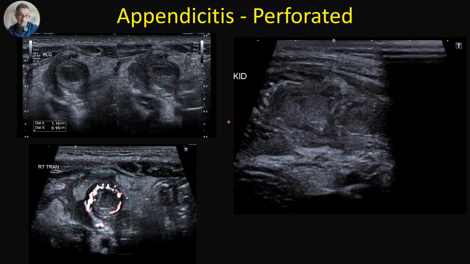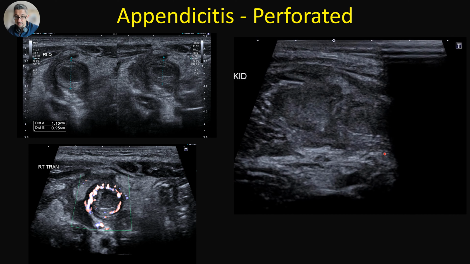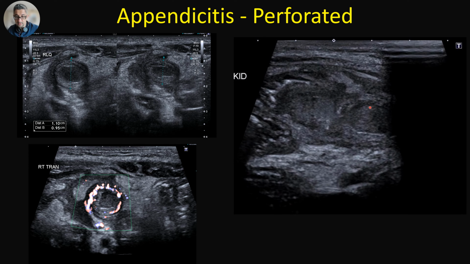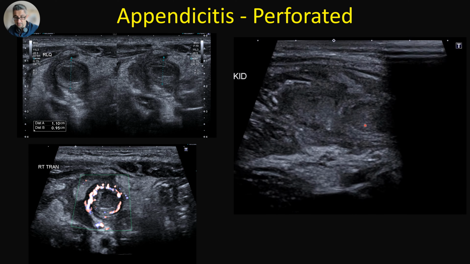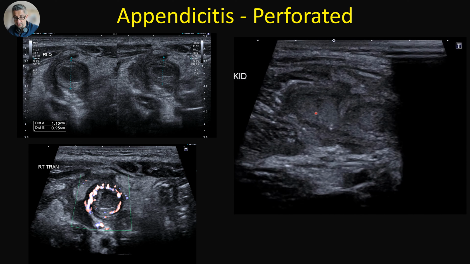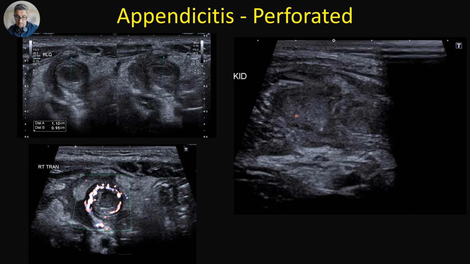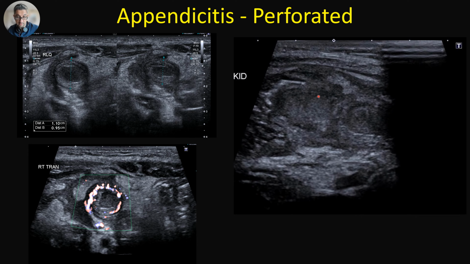Another example of a perforated appendicitis. On dynamic images, you can see the appendix lumen and the collection and the communication between them. So this is a complex collection, most likely pus.